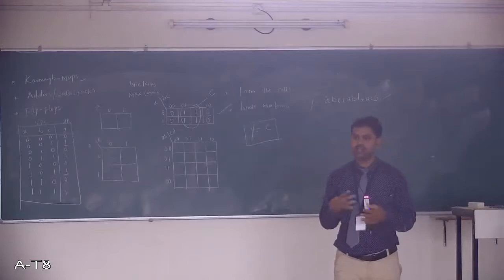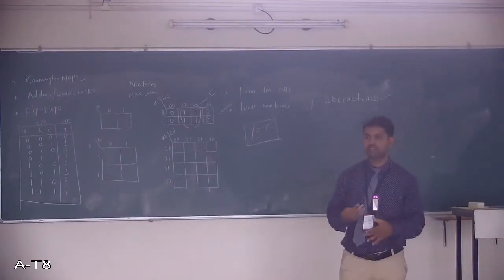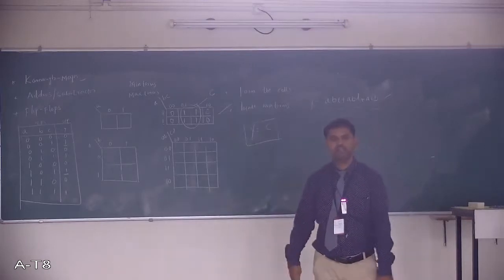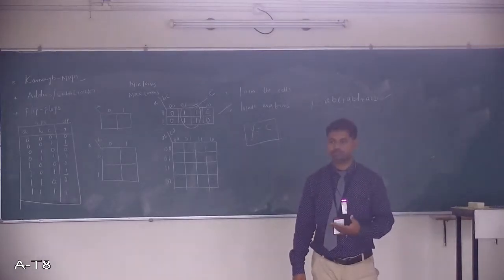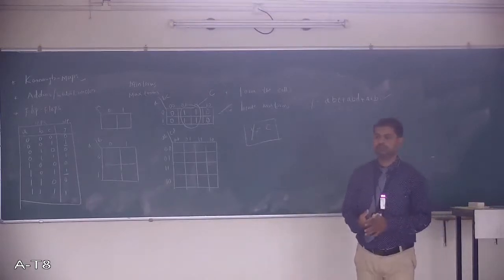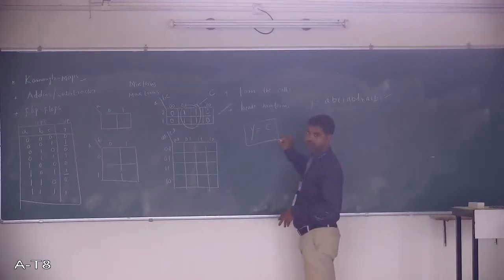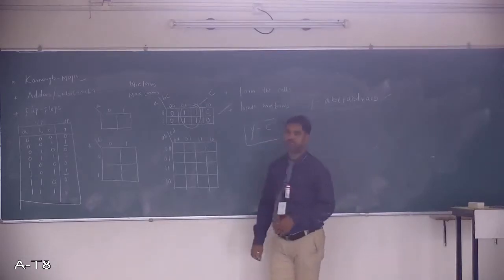Basically it is a representation of variable C. How the variable C is changing, in the same fashion the entire system output will change. That is the meaning actually. This is the interpretation. Got this? Y is equal to C. This is the K-map simplification method.